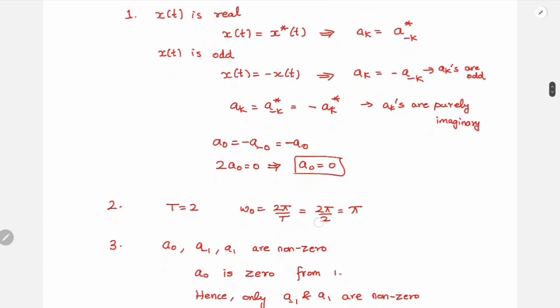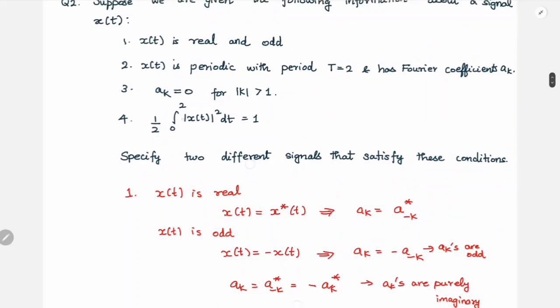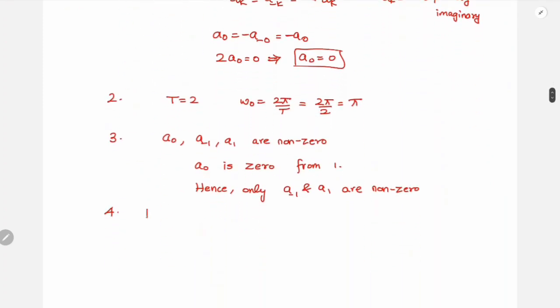So what does the next information say? So 1 by T integral 0 to 2 mod x of t whole square dt is equal to 1. So this is nothing but the power, right? Average power of x of t. But using Parseval's identity, we know 1 by T naught integral over T naught mod x of t whole square dt is equal to the summation of the powers in each harmonic component.